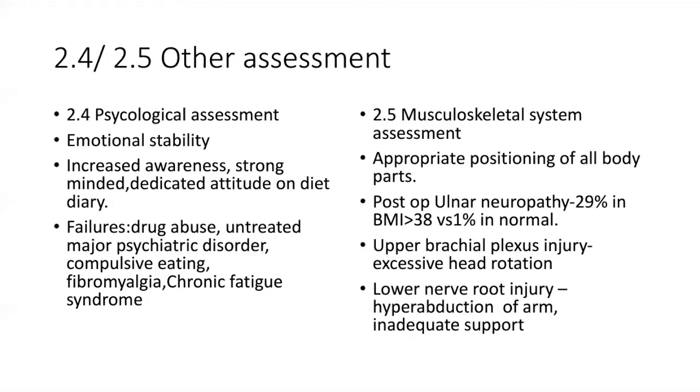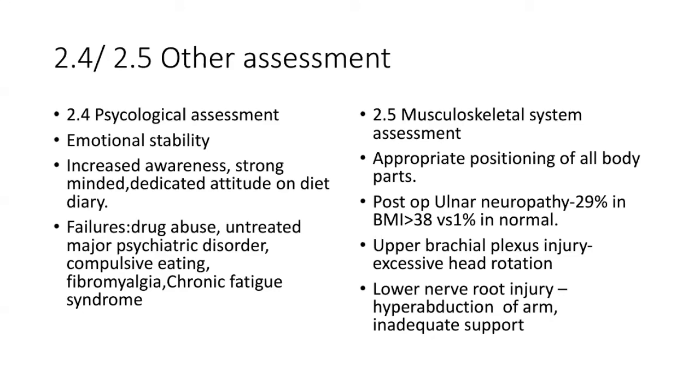Musculoskeletal system assessment, because the patient might have some osteoarthritic change. So during the positioning, we have to assess if the limbs can be extended or can be, say, at right angle properly. There may be some stiff shoulder or neck movement, mobility is not there.